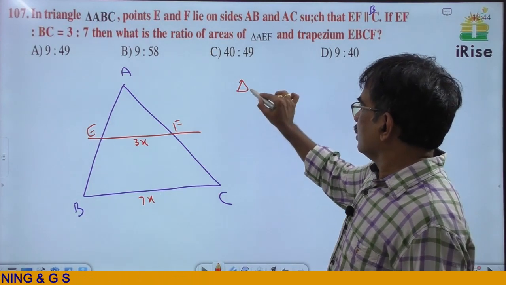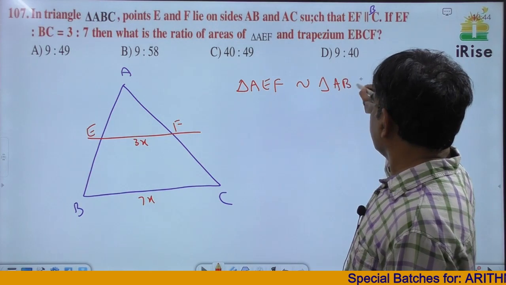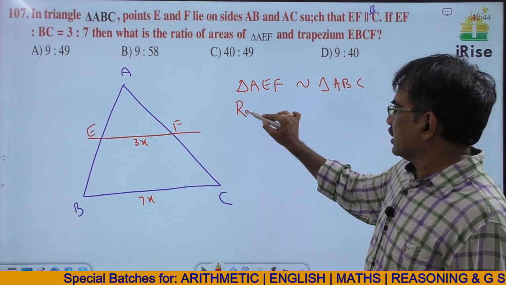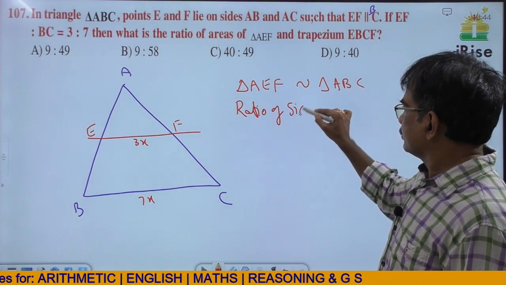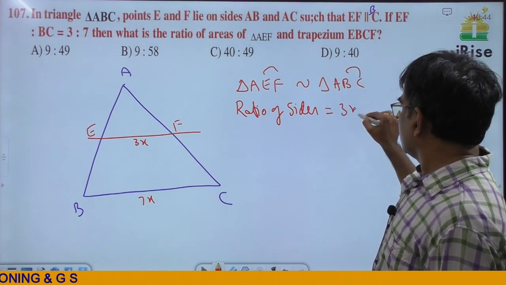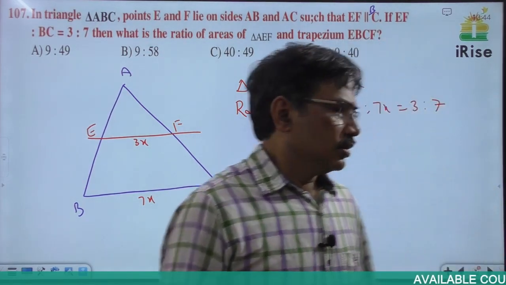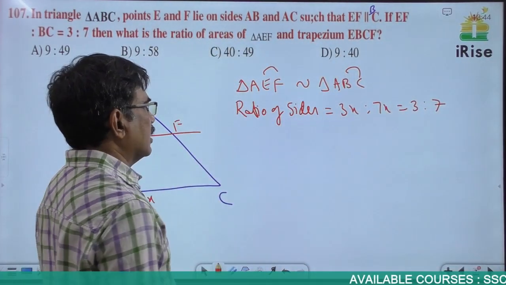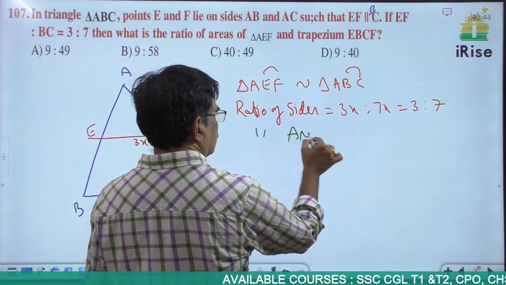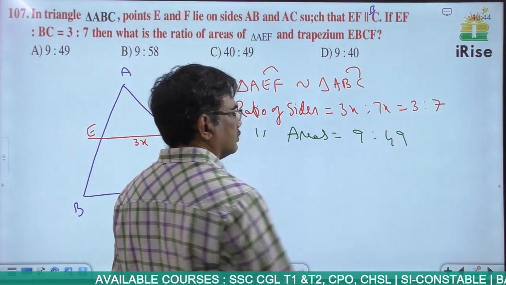Here, triangle AEF is similar to triangle ABC. Then what is the ratio of sides? Ratio of sides is equal to EF is to BC is equal to 3x is to 7x, which is equal to 3 is to 7. If the ratio of sides of similar triangles is 3 is to 7, then what about the ratio of areas? Square, nothing but 9 is to 49.